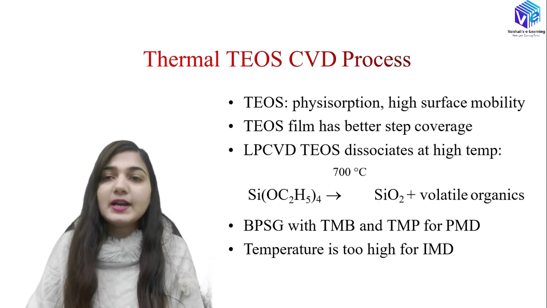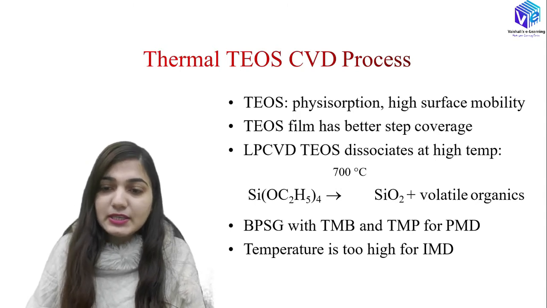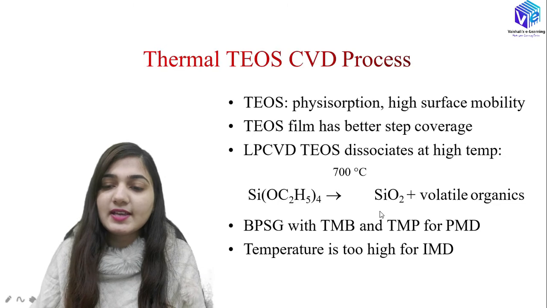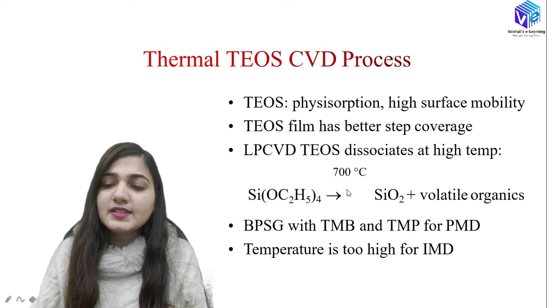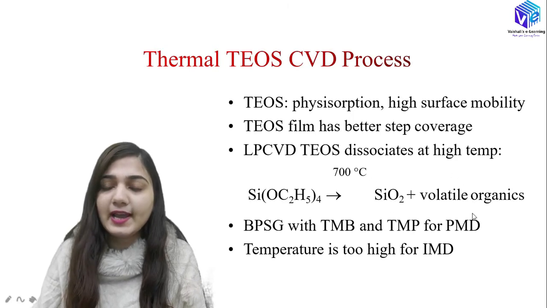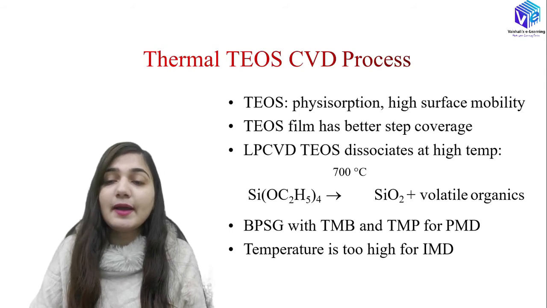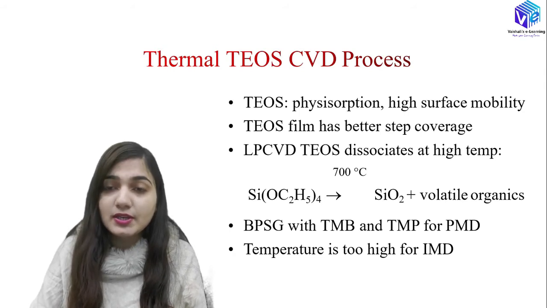Coming to the thermal TEOS CVD process. Now we know what is TEOS. We know its structure. It is Si(OC2H5)4. Thermal means at high temperature. So at 700 degrees Celsius, the TEOS is dissociating to form SiO2. This is our dielectric. Plus we are forming some volatile organics. Whenever I am using the TEOS, I am going to do the physisorption, right?